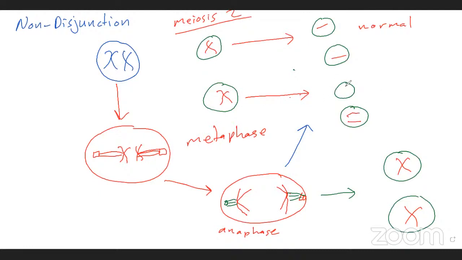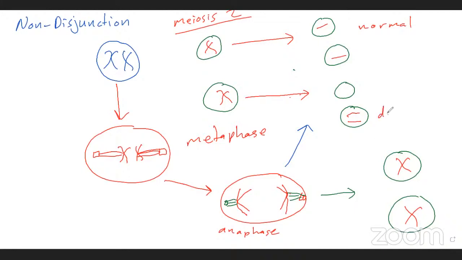This one has no chromosome. So what will happen after fertilization? So which one is that? Down here. So this cell, if it is fertilized, what will happen? The zygote is going to have one less chromosome. Right. So again, I'm just showing you that the trisomy situation can happen at meiosis 2 and meiosis 1.